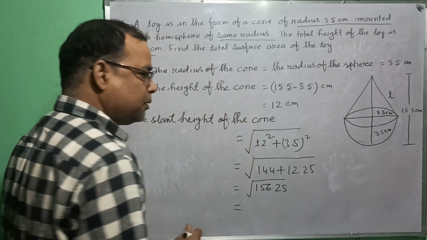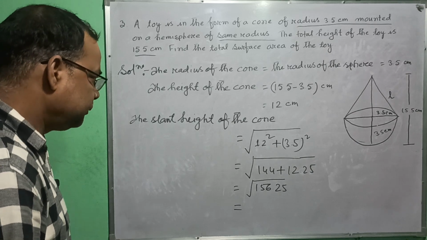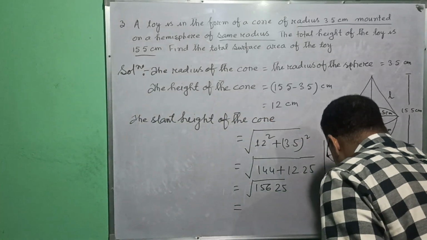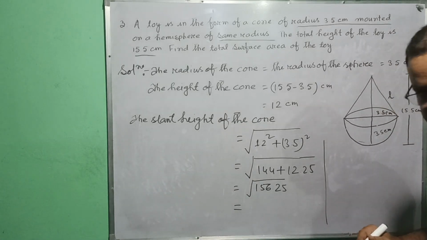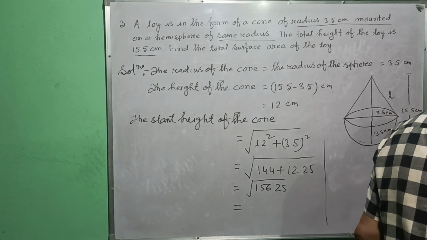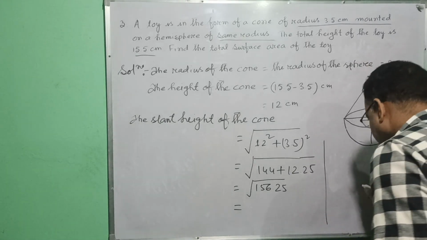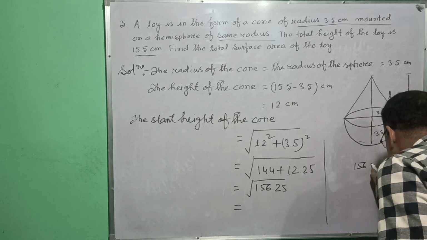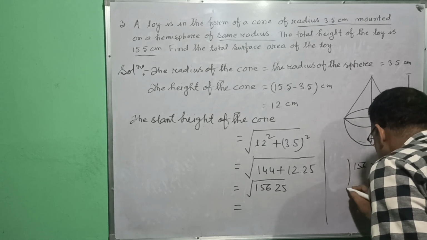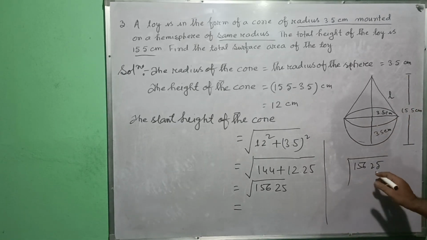Now what is the square root of 156.25? How to find the square root of 156.25? Let us see. Some of you may have difficulty finding the square root, that's why I am showing.